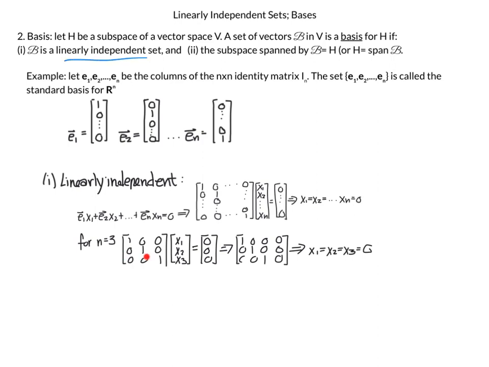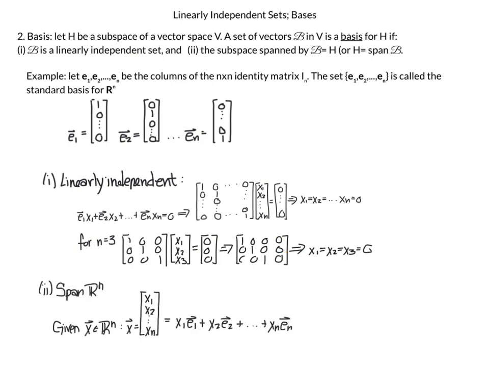And I have this example for n equals 3. So we have our identity matrix I3, x1, x2, x3 equals 0, 0, 0. When you have your augmented matrix, what you get is x3 is equal to 0, x2 is equal to 0, and x1 is equal to 0.